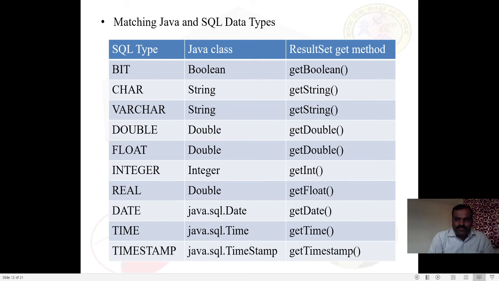JDBC provides special data types and specifies their relationship to corresponding SQL data types. With these methods, we can retrieve values from the current row of the query result referenced by the result set object.